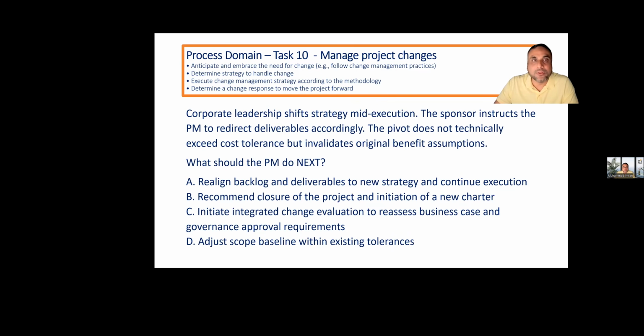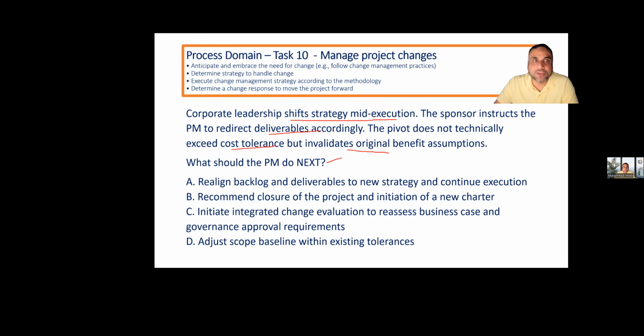Corporate leadership shifts strategy mid execution, which means the board of directors have updated the vision. The board has changed their vision. The sponsor instructs the PM to redirect deliverables accordingly. The pivot does not technically exceed cost tolerance but invalidates original benefits assumptions. So what you are working for is not there anymore.